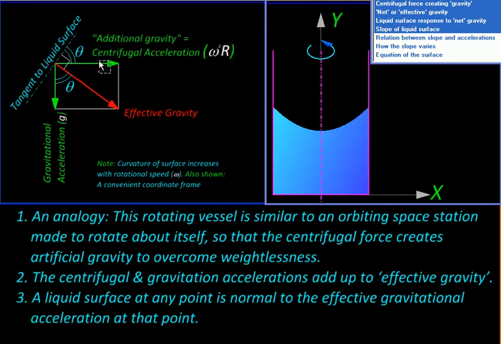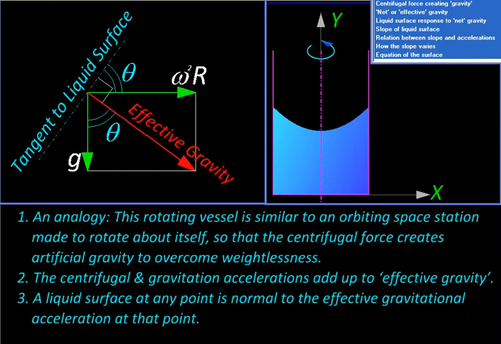And these two accelerations get added up to give this resultant, the effective gravity. So this effective gravity acts in this direction. And then the liquid senses this effective gravity and assumes a direction perpendicular to that. So the tangent to the liquid surface will be perpendicular to this effective gravity. So the liquid surface will be along this direction.